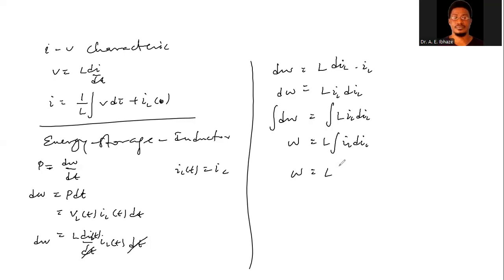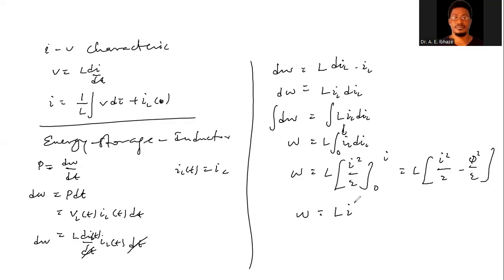The energy will now be L, I squared over 2, taking 0 to I. So this would be L, I squared over 2, minus 0 squared over 2. So the energy will be Li squared over 2, which is 1/2 Li squared.